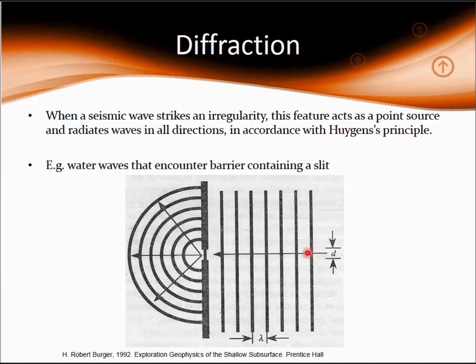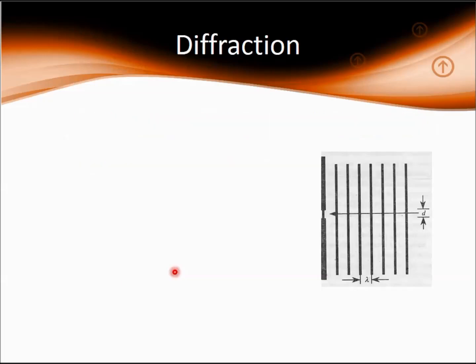A planar waveform of the water moves towards this direction, hits the barrier and passes through the slit. This is how the waveform looks, moving semicircularly in this direction, and we can say the ray paths move in all directions.